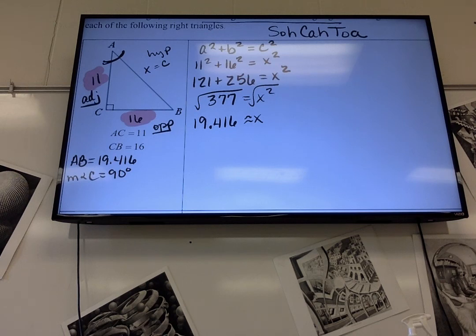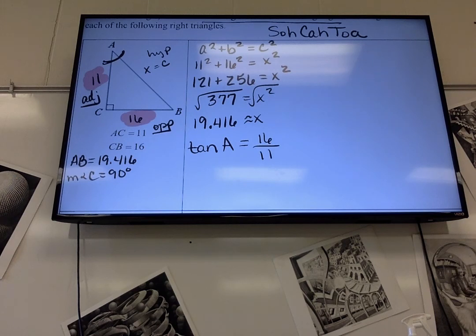Which trig function is that? Tangent, yes. So the tangent of angle A, that's what we're trying to find, equals, which one goes on top? Opposite, which is 16, and then over 11. Good.